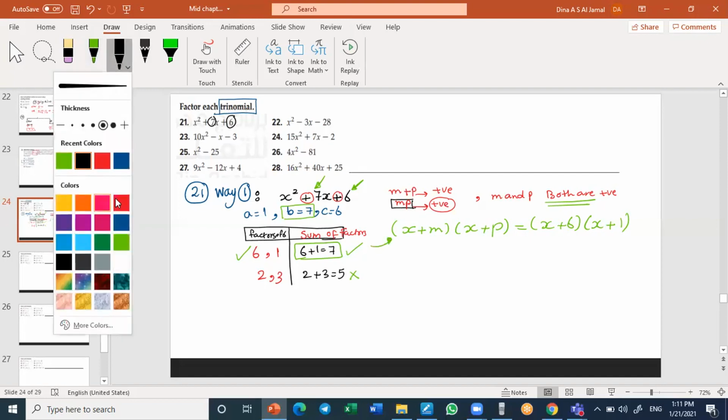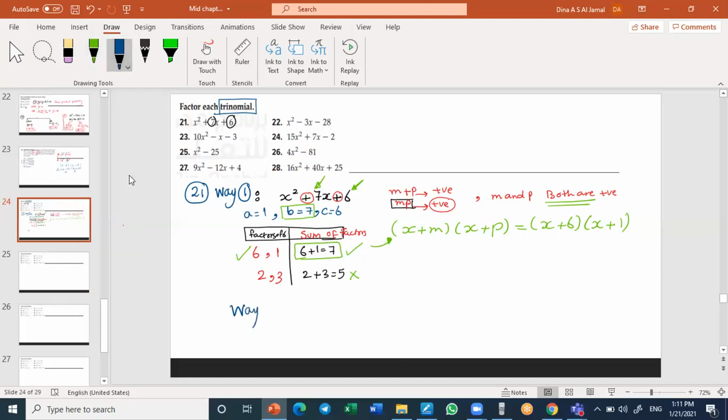Now let me give you the other way, which is the calculator way. In the calculator way, first of all, you should look at the trinomial. Is it going to have a GCF or not? If it has a GCF, then take it outside.